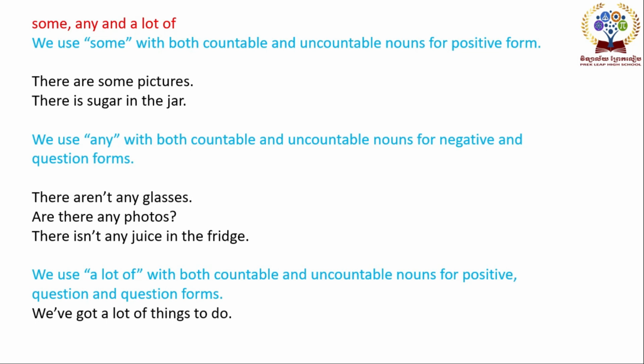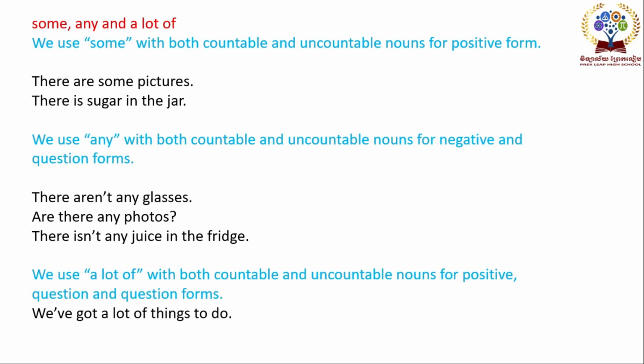Let's just look at any. We use any with both countable nouns and uncountable nouns for negative and question forms. So any is different from some. Some we use with positive form, but any we use with negative and question. Now take a look at the examples.